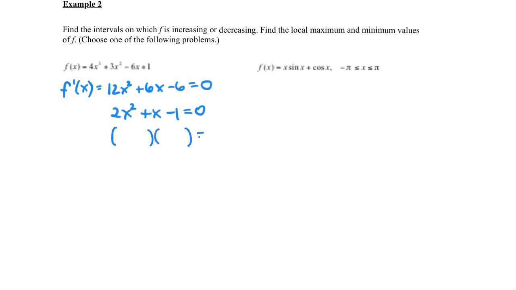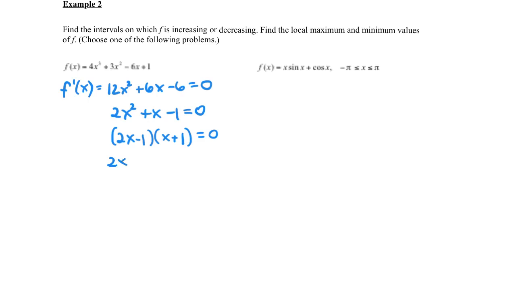So we can factor it. And we could go 2x and x, 1 and 1, and make this a plus and a minus. So we'll get outside is 2x, inside is minus x. Okay, so that should work. So then we know that we've got something times something equals 0. That means that it could be this equals 0 or that equals 0.